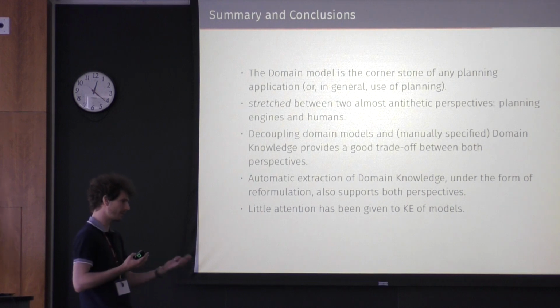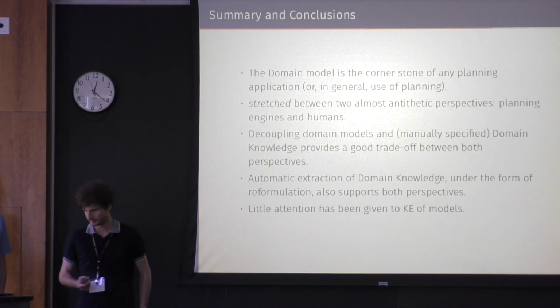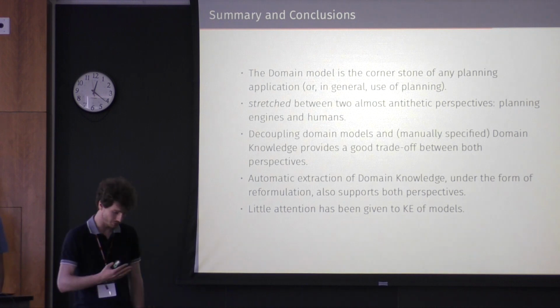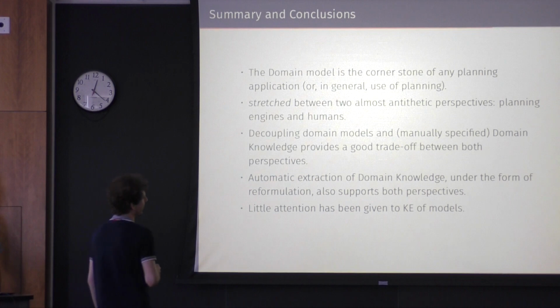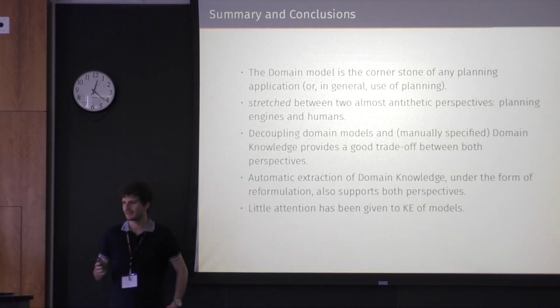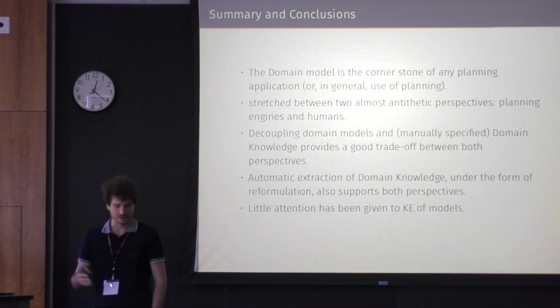Both the domain model and the planners are extremely important, but since there is a huge availability of planners, here we focused on the domain model. And the problem of a domain model is that it is stretched between two almost antithetic perspectives.